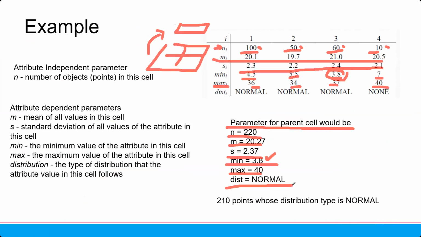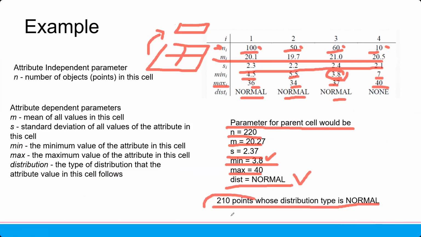And distribution. Because most of the data are distributed normally, it seems the parent will also have a normal distribution. Because if you look at this one, there are 210 points whose distribution type is normal.